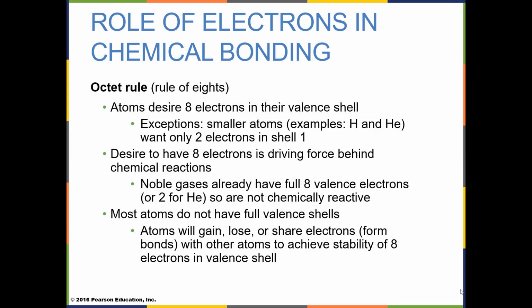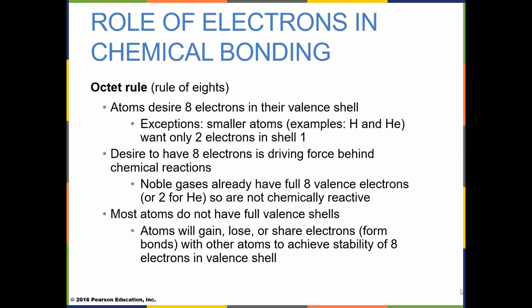Now, if you're an atom and you have 2 shells, 2 orbitals, you would like to be completely stable, and you would like to have your valence shell filled up with 8 electrons. The only problem with that is that the number of electrons is dictated by the number of protons. You want to have 8 electrons, but you only have 4 protons, or 6 protons, or 2 protons.